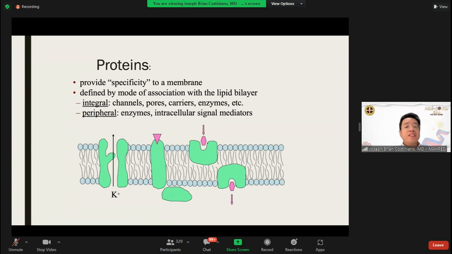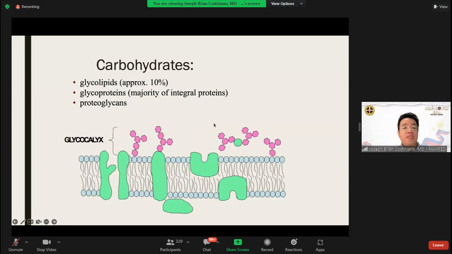And if it spans the entire membrane, then that integral protein is usually a carrier, a channel, a pore, no? Because it allows certain substances to be transported across the cell membrane. When we say peripheral, nasa periphery lang siya, no? So it could be an intracellular signal mediator protein or it could be containing enzymes, no? Those are your peripheral proteins.